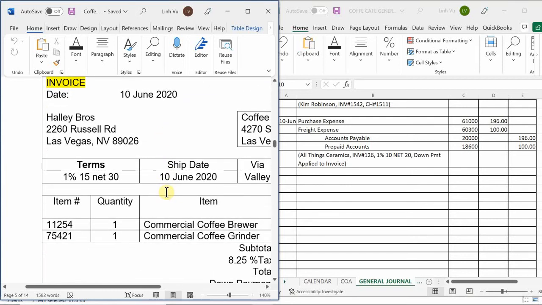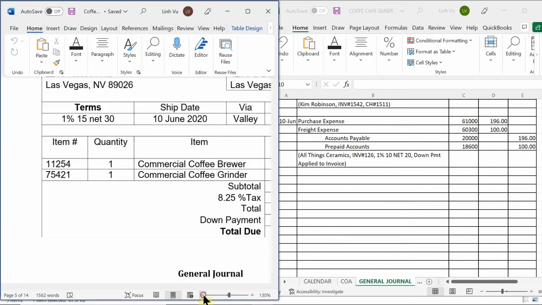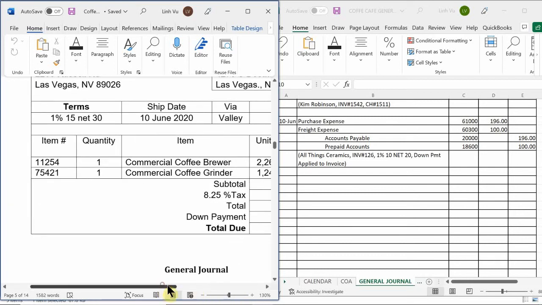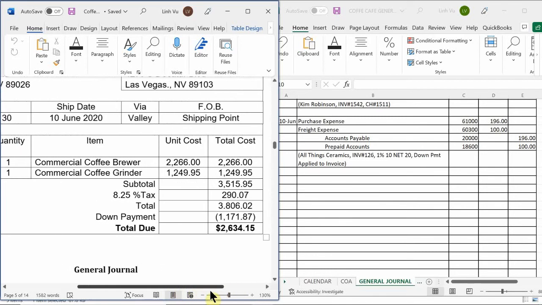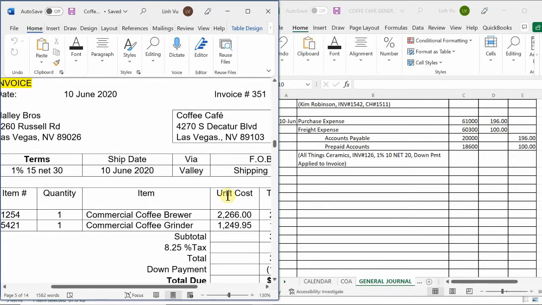So here we end up receiving an invoice from Haley Bros, whatever it is, right? And here is what the receipt or the invoice says. We received my coffee brewer and coffee grinder. There's our terms.